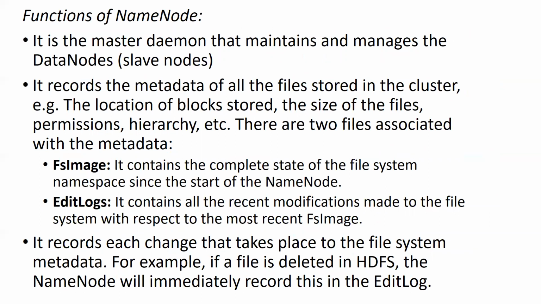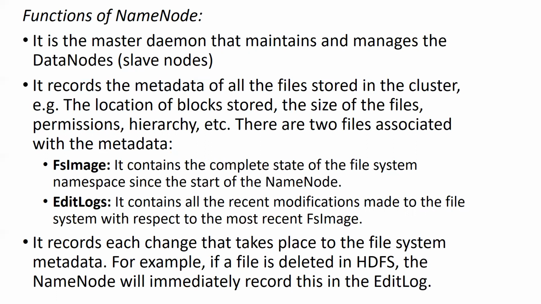It's a master daemon, and the slaves are data nodes. Already we saw the brief one; here we are seeing it in detail. The name node records the metadata about the files stored in the cluster, and it stores information like the location of blocks stored, the size of the file, permissions, and which kind of hierarchy is followed. All this information will be stored in the name node.